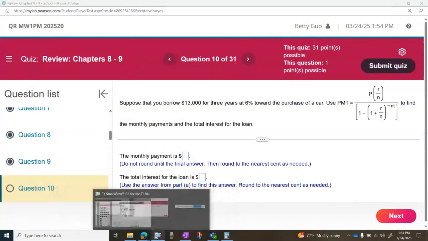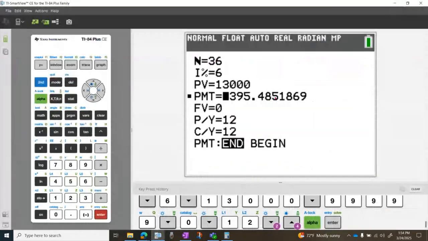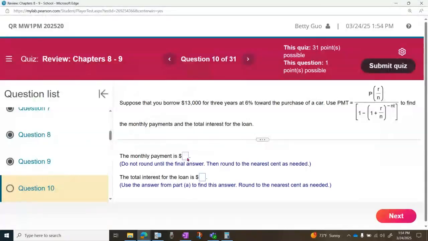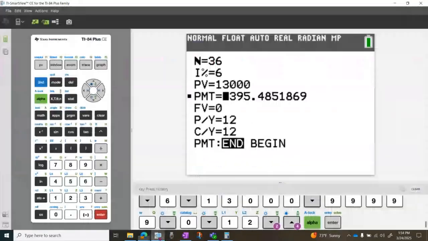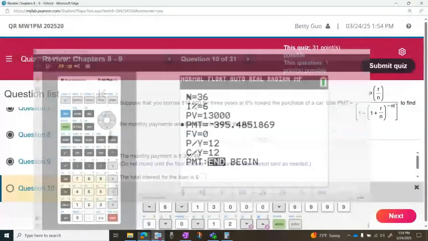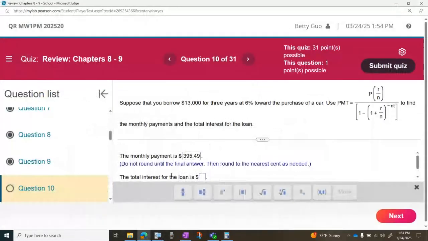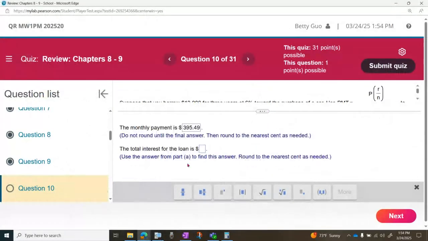So the digit is 5, bigger than or equal to 5, so round it up. 49 cents. $395.49. Double check. 395.49.